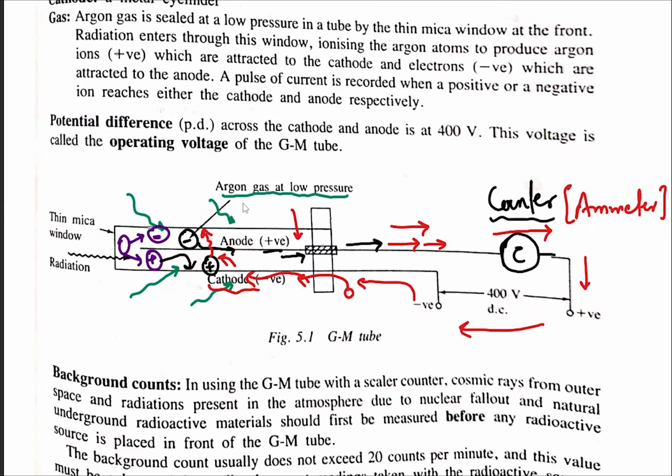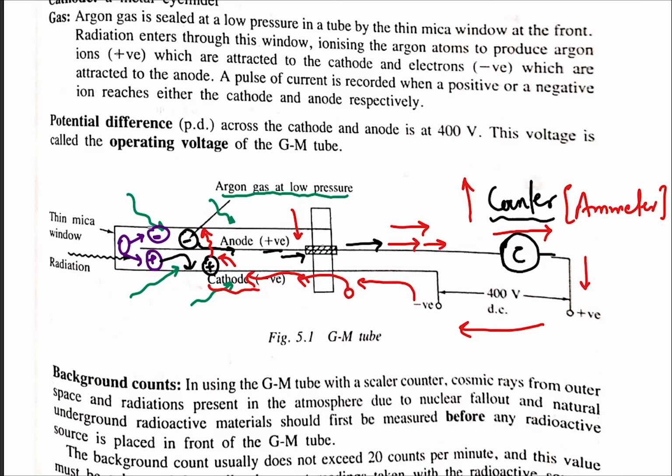This process of continuously breaking down and joining together is noted by the counter, and if the radiation is strong or very high in number, then this process will be happening more frequently, eventually leading to a higher value on the counter. If the process is happening less frequently and the radiation level or the energy of the radiation is less, then the counter would be receiving fewer electrons due to the ionization process.